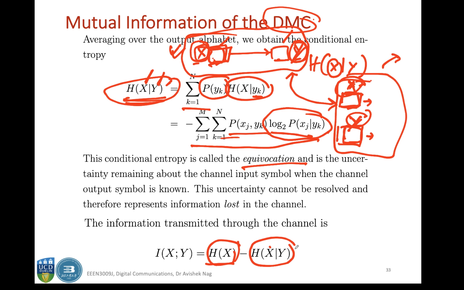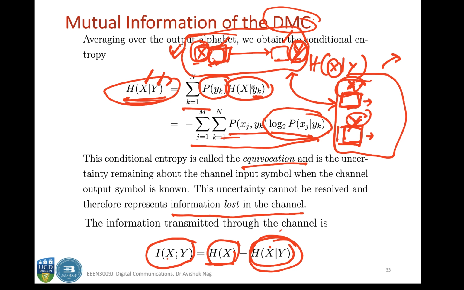So this gives you the equivocation, or the amount of information that is lost in the channel. That part is subtracted from the original entropy of the source, and that finally gives you the mutual information between x and y.